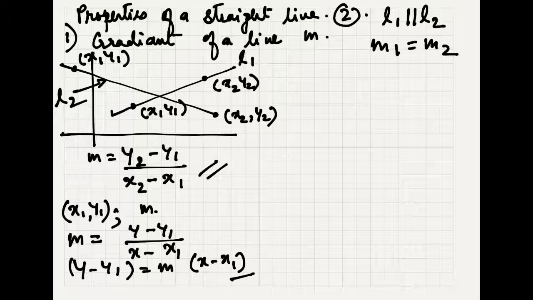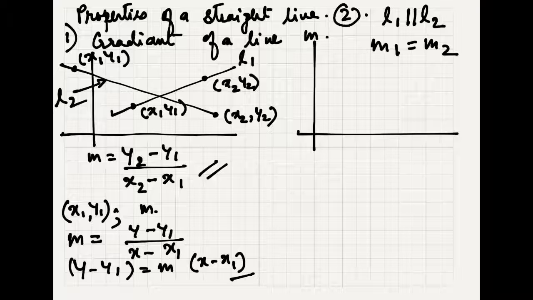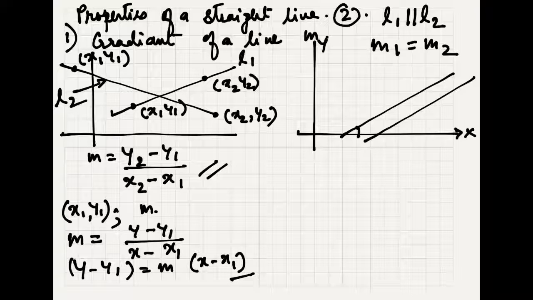It tells us that if these are my x and y axes, two lines can be parallel only when these two angles are absolutely the same. They make the same angle with the x axis, which means the gradients are the same. So this is the second property of a straight line.